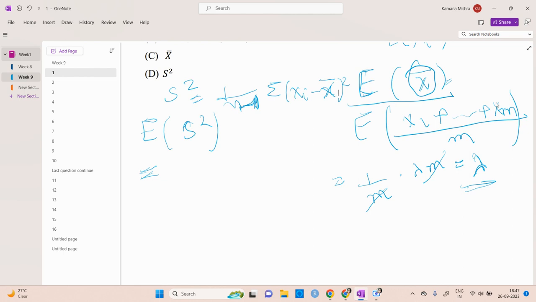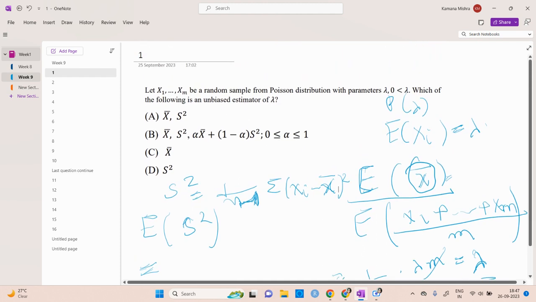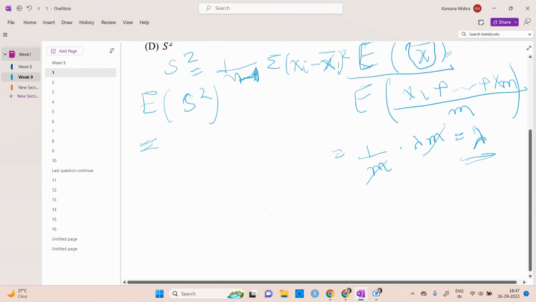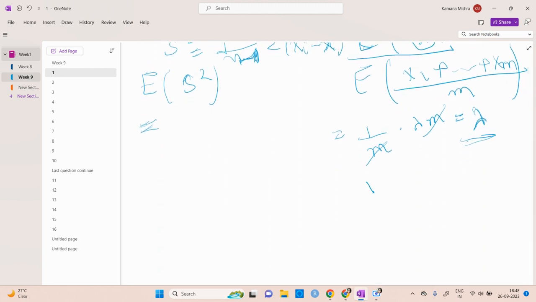So then you need to go through what is the expectation of xi square. The mean is lambda, and the variance of xi will also be lambda in the case of the Poisson distribution.